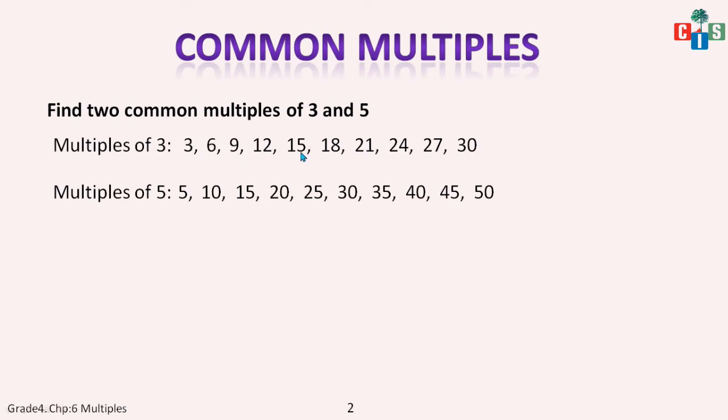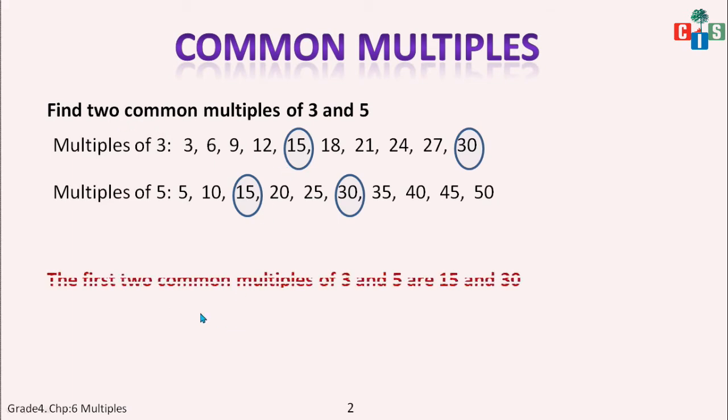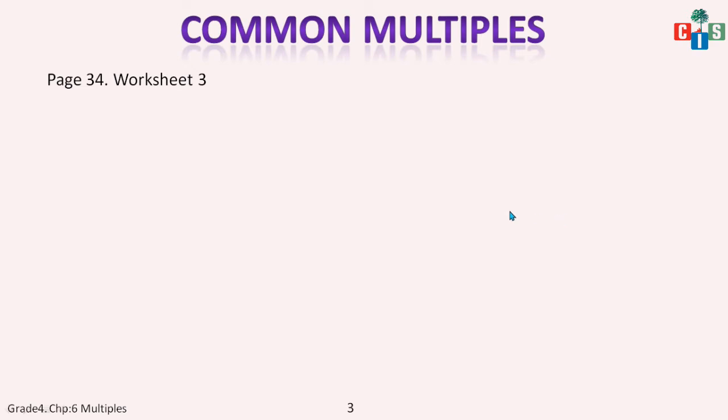Here 15 is there and 15 here, and 30 here and 30 here. We are asked to find only two common multiples, and we have found two. So the final statement is: the first two common multiples of 3 and 5 are 15 and 30.